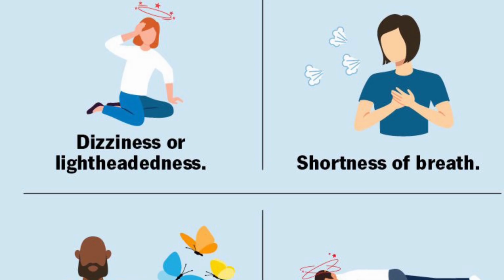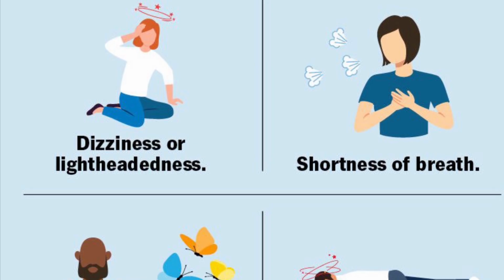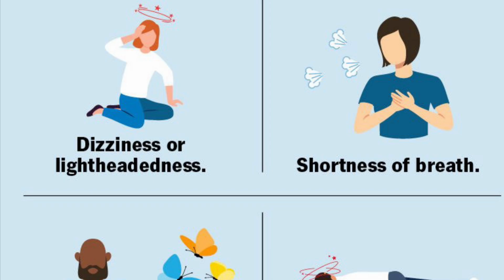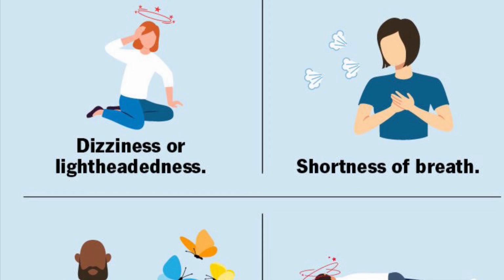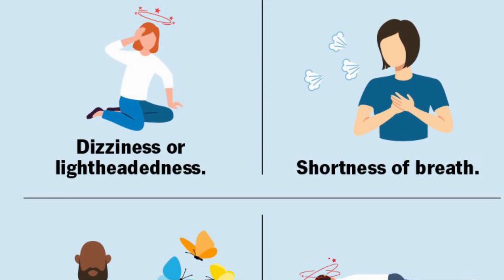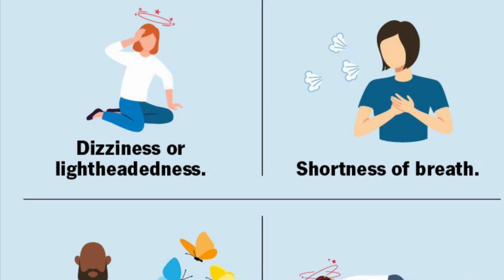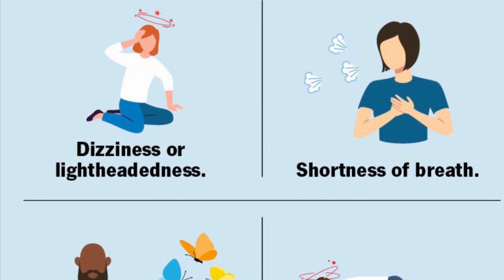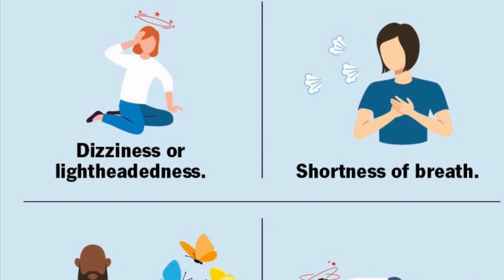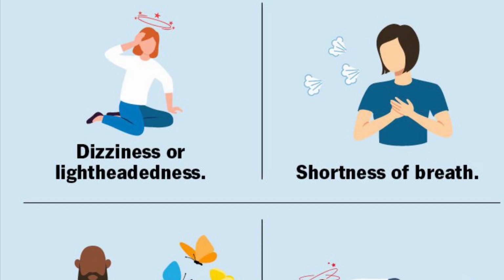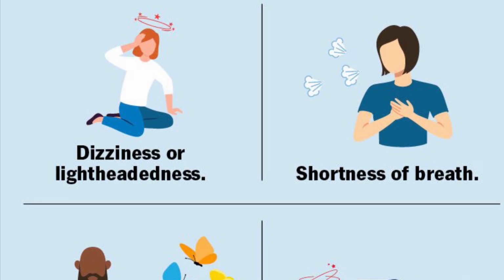But the gold standard is still the groin, because that's the biggest vessel you have and it's the easiest access. But it also comes with the most risk with this procedure. They're going to pick whichever site is best for the patient.